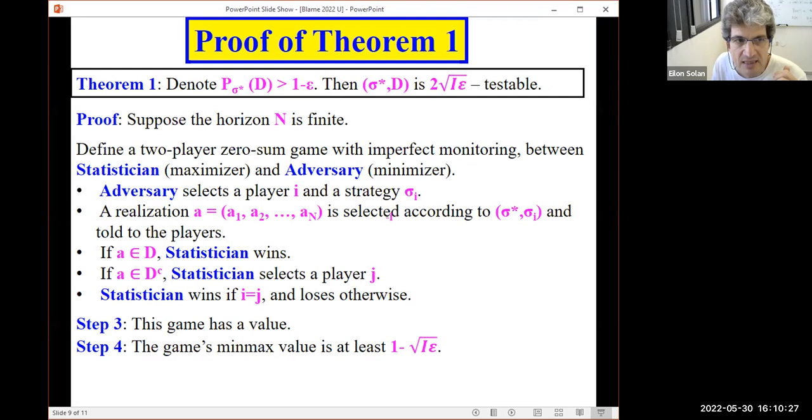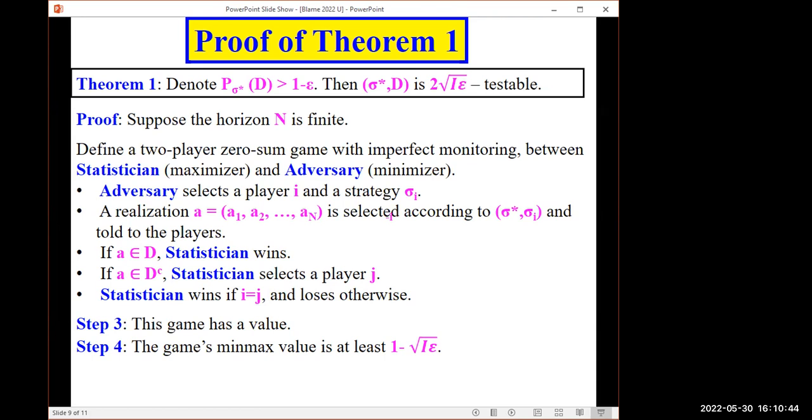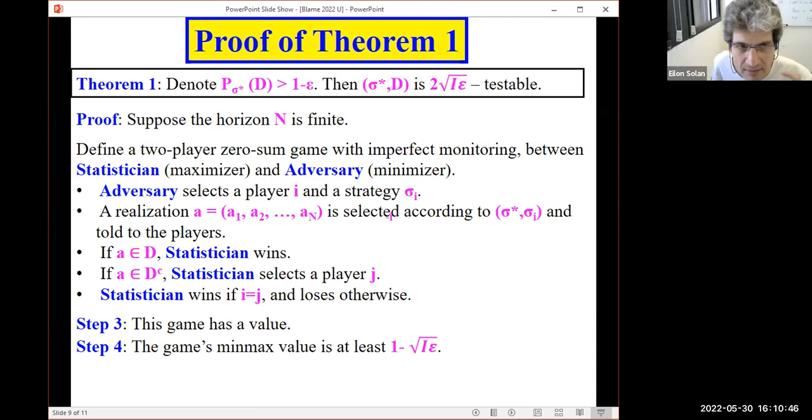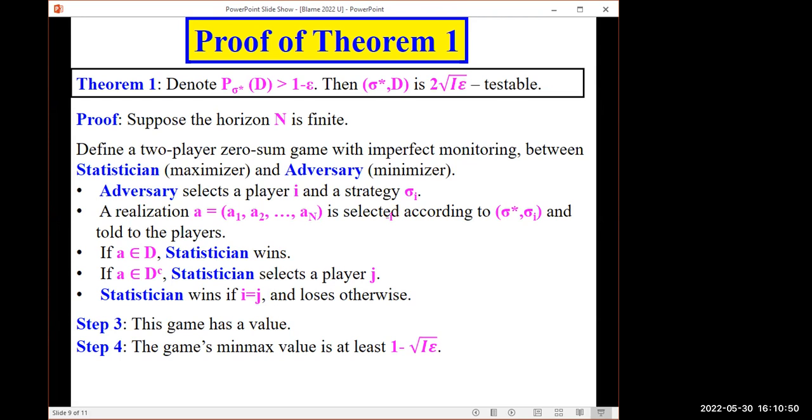Now, if the set D is closed, then the payoff function in this game is upper semi-continuous. And then we can apply a fixed point theorem for upper semi-continuous functions to show that the game has a value. So we have to work a little bit harder, but it's not really a problem. Okay, I see. Thank you.